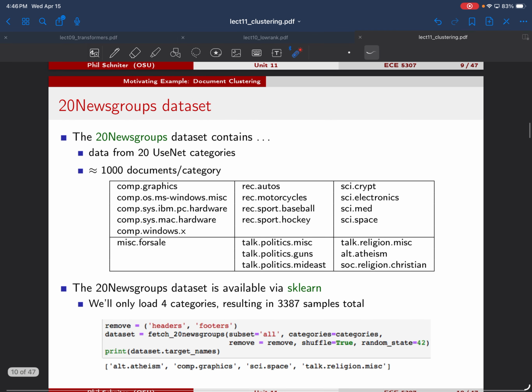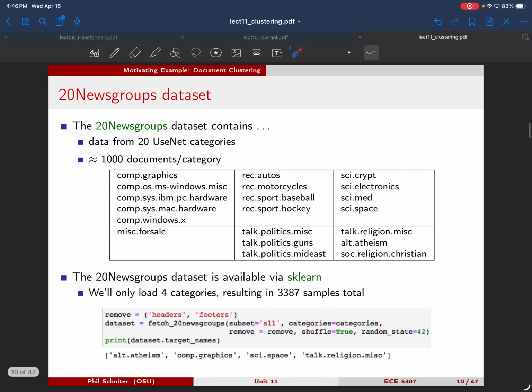Okay, so there's a data set in scikit-learn called 20 newsgroups, which has data from 20 Usenet categories, these ones. And it gives you about 1,000 documents per category. And so you can see there's a bunch of computer stuff, recreational stuff, science stuff, for sale, politics, and religion, and so on.